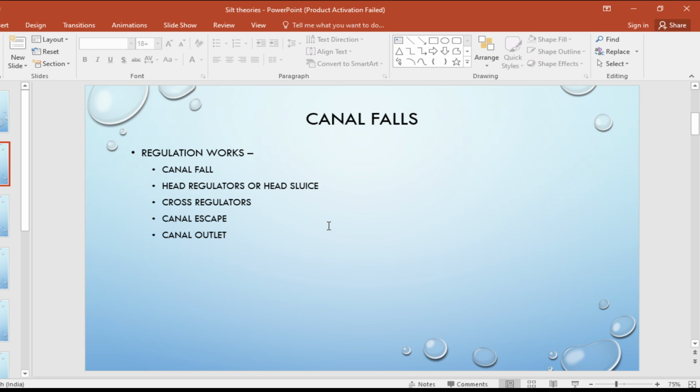Regulation work means the structure which is constructed to regulate the discharge, and also the full supply level or the velocity of the canal. Such structures are necessary for the efficient working and safety of the irrigation canal or irrigation channel.